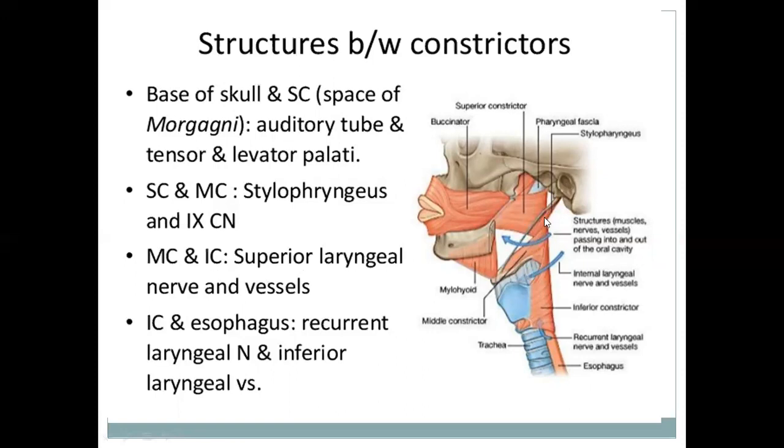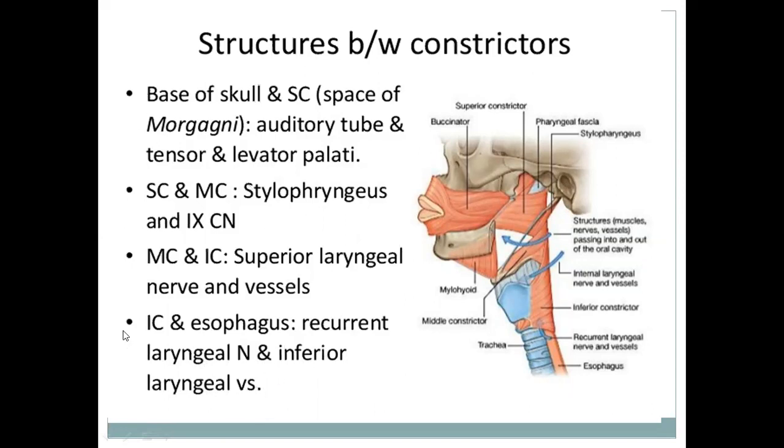And here the internal laryngeal nerve and vessels will enter between the middle constrictor and the thyropharyngeus, inferior constrictor, and between the lower part of the cricopharyngeus and the esophagus, the recurrent laryngeal nerve and vessels will enter. So between the inferior constrictor and esophagus, the recurrent laryngeal nerve and inferior laryngeal vessels will enter.